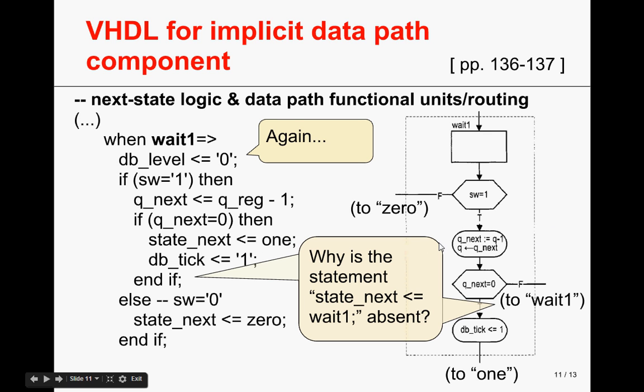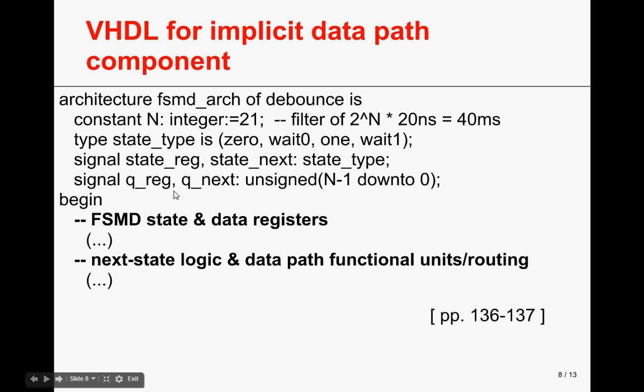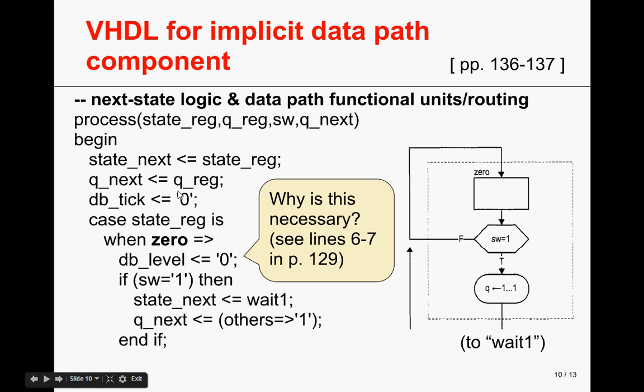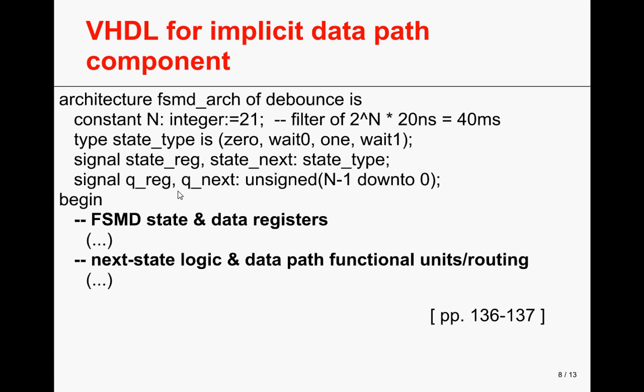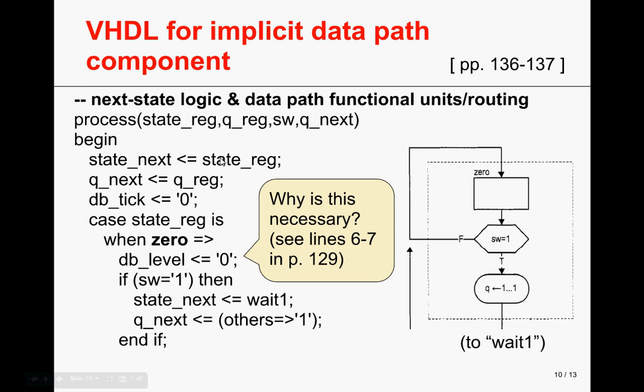And in this case, what will happen is that if we go back to take a look at the default assignments section, here we see that the next state has been defined by default to take the value of the current state.